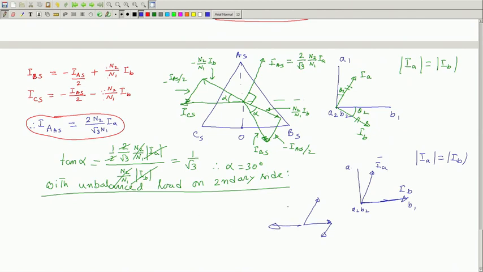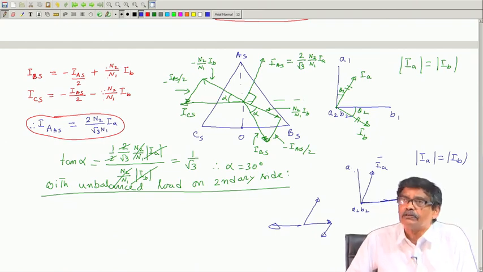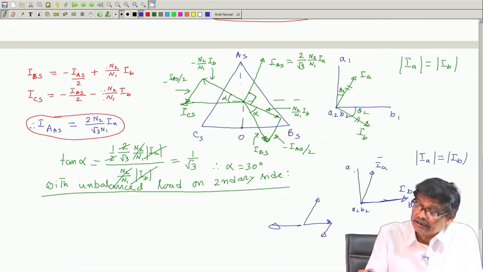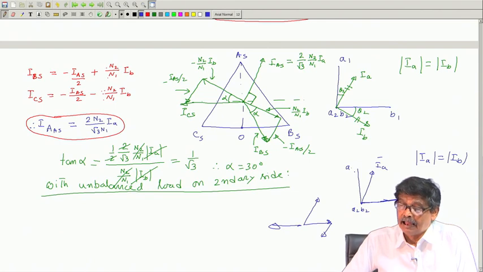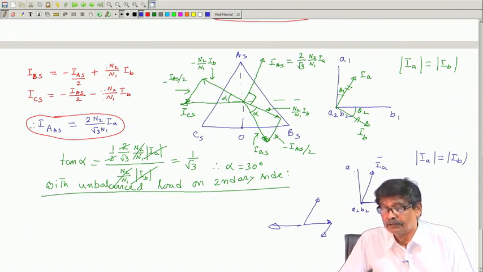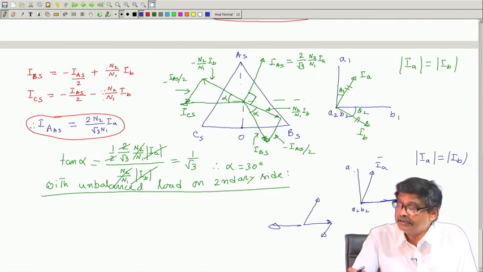So, it can be done with unbalanced load, and you will see that the primary side current is also not unbalanced. And also note that the primary current will be balanced, and what will be the power factor of that balanced current drawn from the supply, same as theta 2. Why?